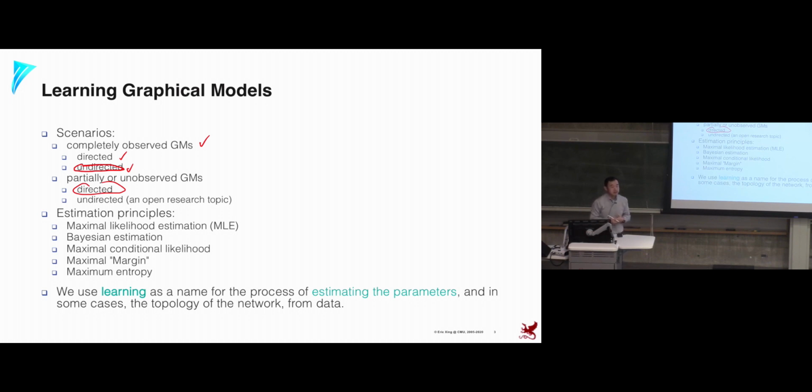This is almost like the default principle in the world of statistical machine learning or classical statistics. But modern machine learning has already gone beyond just MLE. For example, you can do Bayesian estimation and conditional likelihood estimation. Later on, there are different loss functions like margin-based loss, entropy-based loss, and so forth.